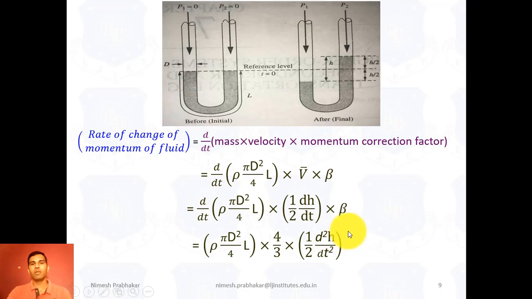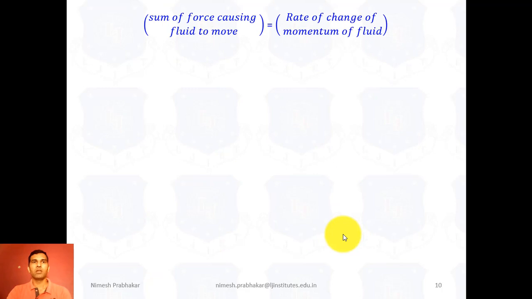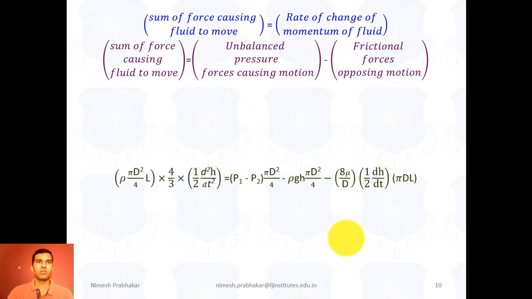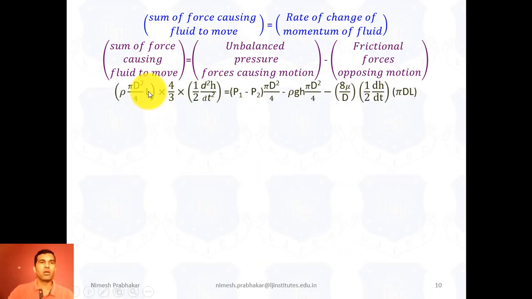Now we merge all these equations, that means we put all of them in this equation. So we get rho pi d square by 4 into L into 4 by 3 into 1 by 2 d square h by dt square.